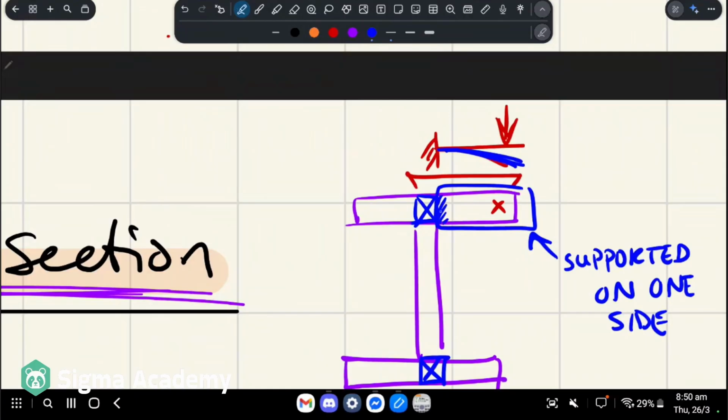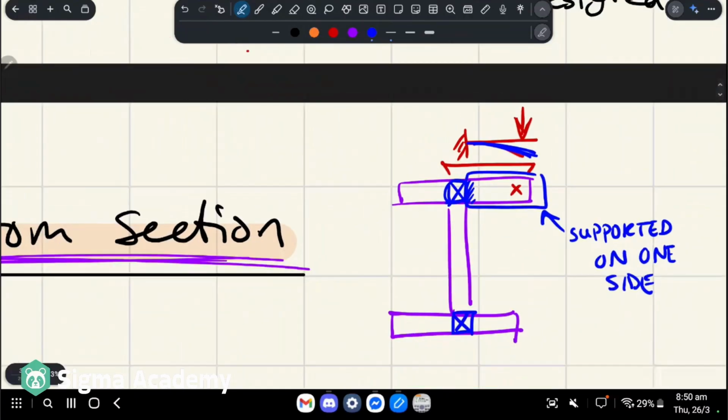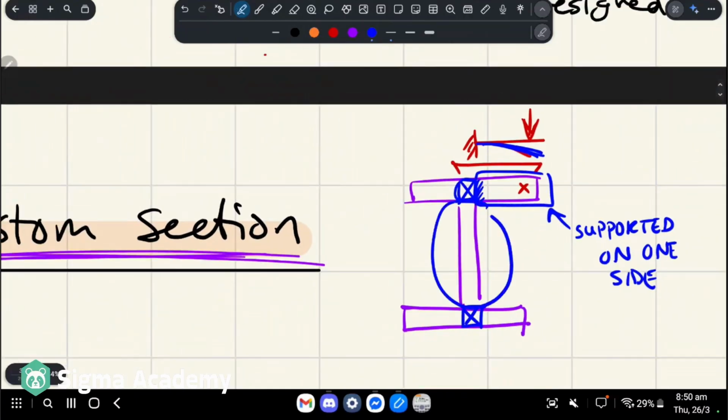It's only supported on this side, and this is the non-buckleable section. For the web of your I-shaped section, you basically have this going on. We have double fixed support, and say there's a compression force happening at the middle. I know it's not quite what's happening, but just for example, you have these two supports which are stopping buckling from happening.